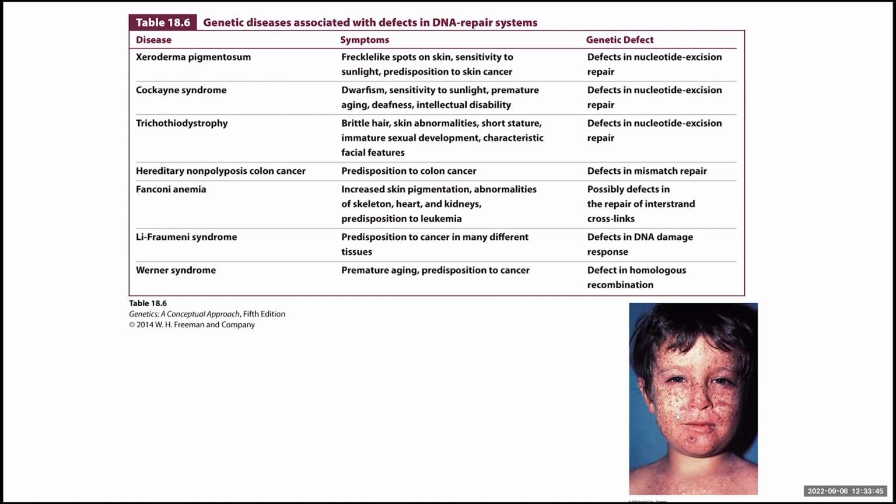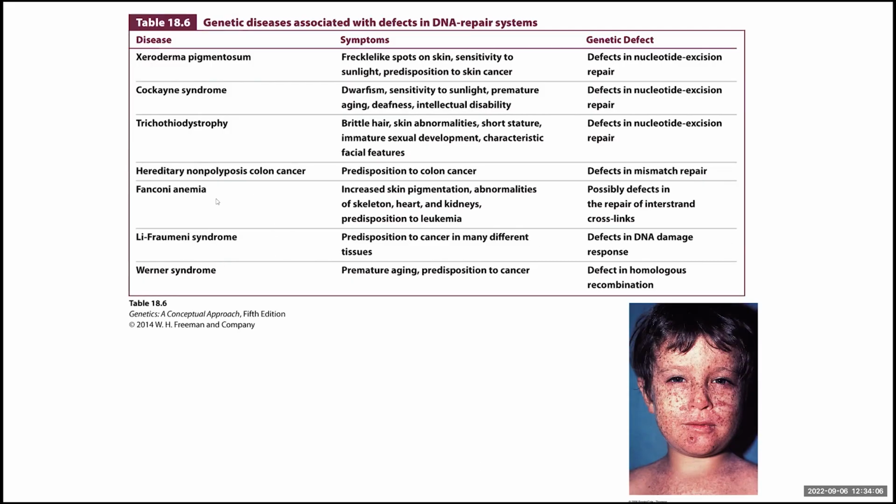Individuals who have this tend to have a lot of mutations occur in their skin. They're much more likely to get skin cancer. They're much more likely to be sensitive or get sunburned because they can't repair their cells as easily. And they're also going to be very sensitive to other things like chemicals that impact their skin.